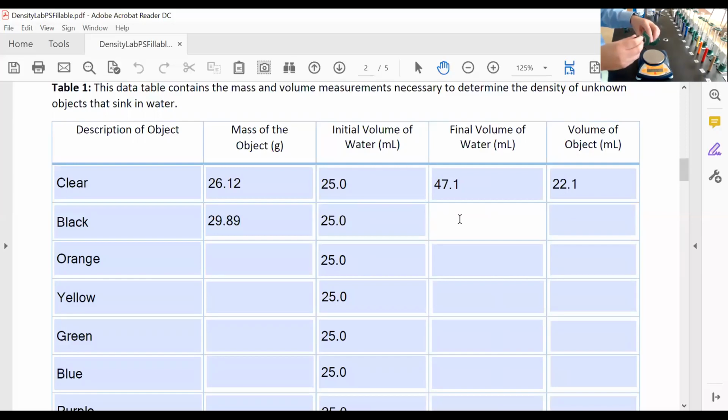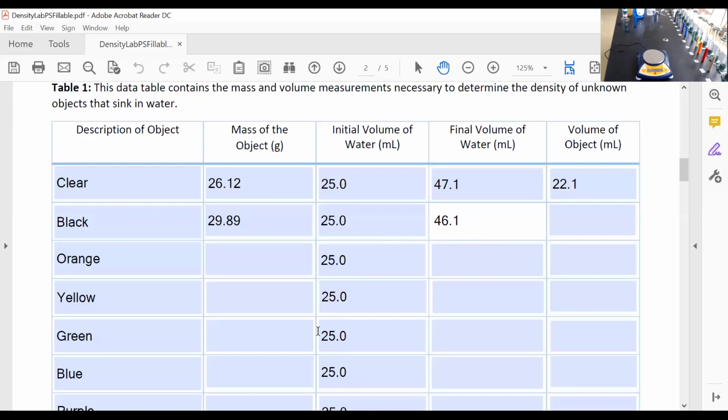So once again, I'm going to tilt this, allow it to slide in gently. Put it on a nice level surface to read it. And we wind up with a volume of, looks like 46 point, I'm just going to estimate 46.1. So our final volume in this case will be 46.1 milliliters.